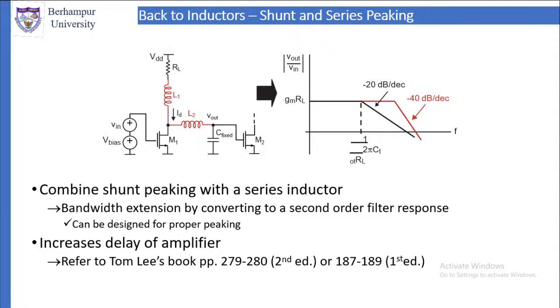If you combine them, that will extend the bandwidth because it converts the circuit to a second order filter. Because it becomes a second order filter, the bandwidth will be extended. So this can be designed by choosing the proper peaking, how much peaking we require.